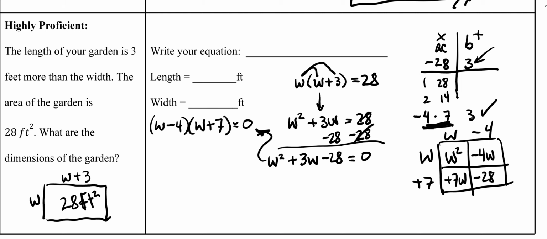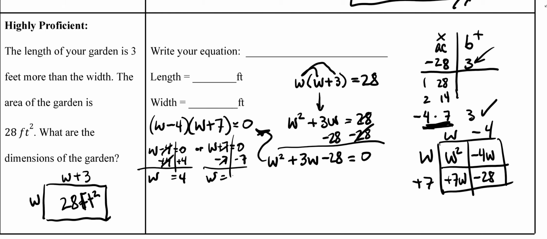And so then, because these two things are now being multiplied to equal 0, I can say W minus 4 equals 0, or W plus 7 equals 0. Adding 4 to both sides here cancels, gives me W equals 4, and subtracting 7 from both sides here cancels, W equals negative 7.